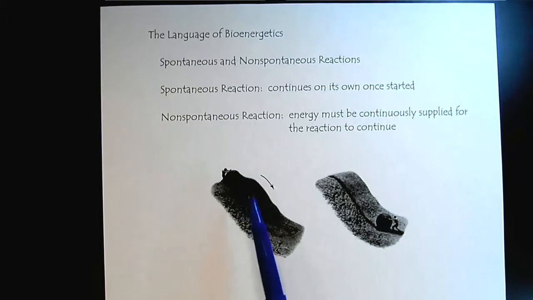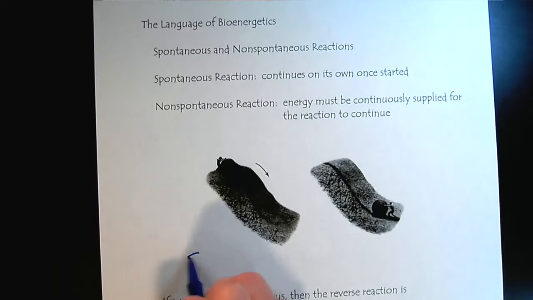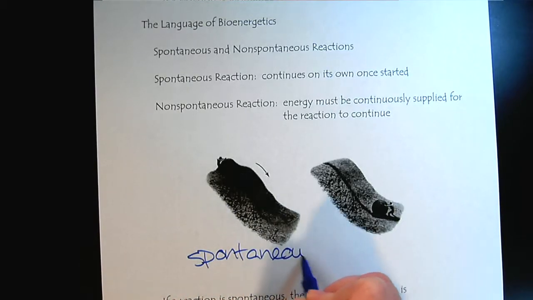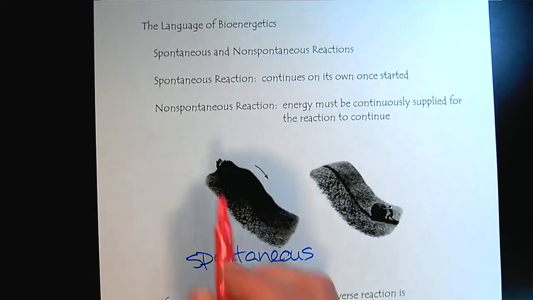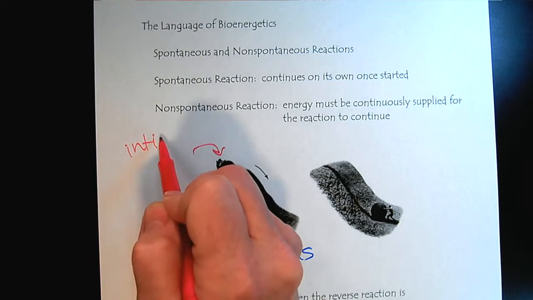It's not the best diagram, it's a little dark. But here's somebody, for the rock to roll down the hill, we have to give it a little push, and then it will go by itself. So there's spontaneous. We could think of that initial push as the activation energy.